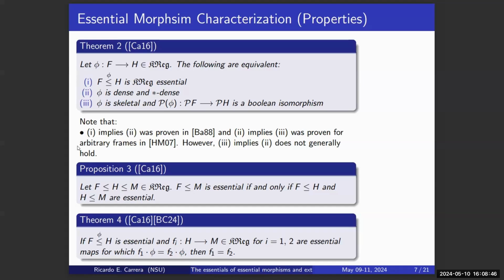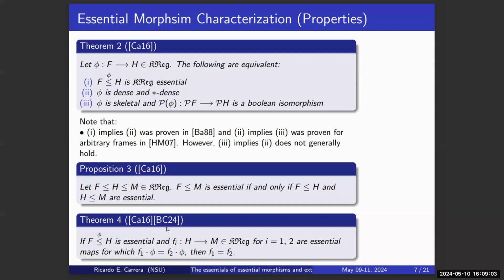In this particular paper, one can get this result from the fact that essential maps are actually epi with respect to skeletal maps. That particular proof is more of a categorical approach.